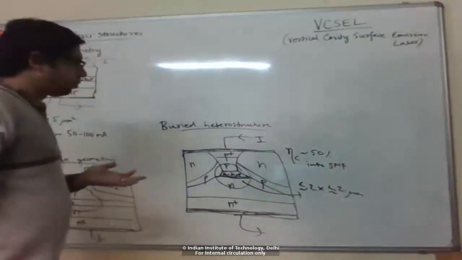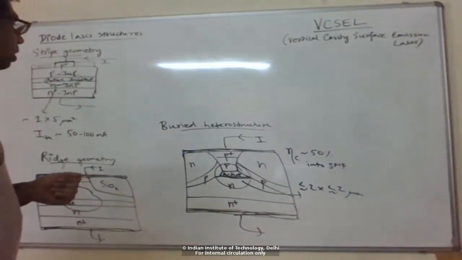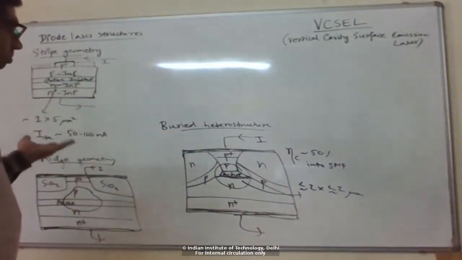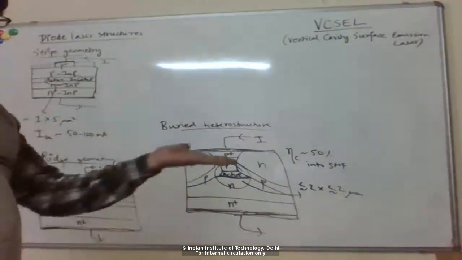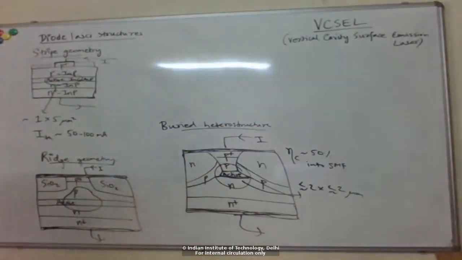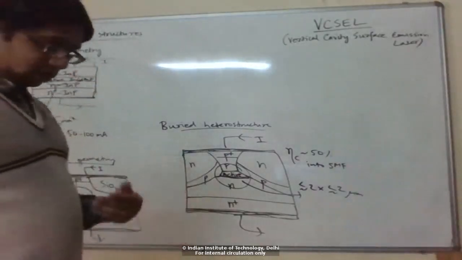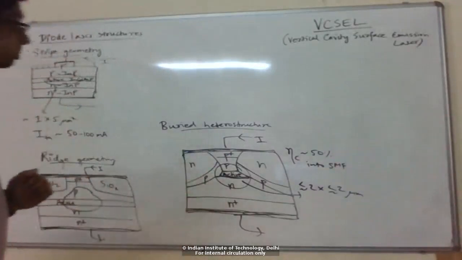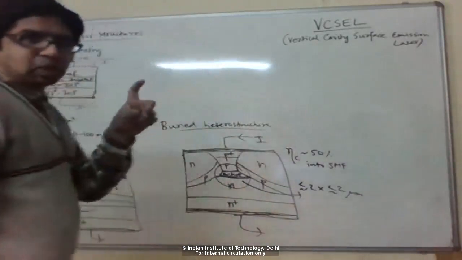And we saw that if we don't play some tricks, basically if you just take this device and operate it, we'll get a multi-mode output with many different frequencies, right? So one way to actually make your laser single mode, so we discussed a couple of methods last time. Another way to make it single mode is to make the cavity very small, right?